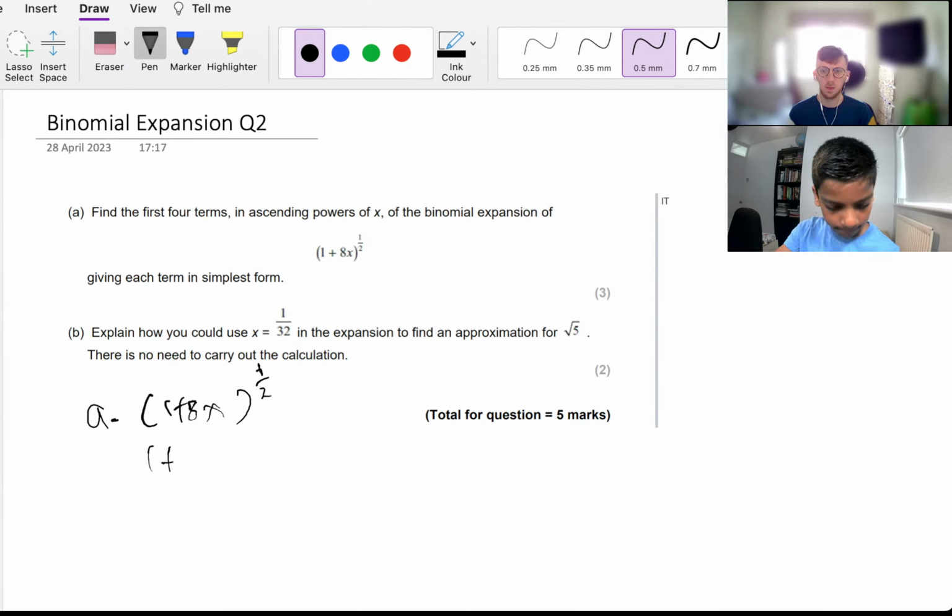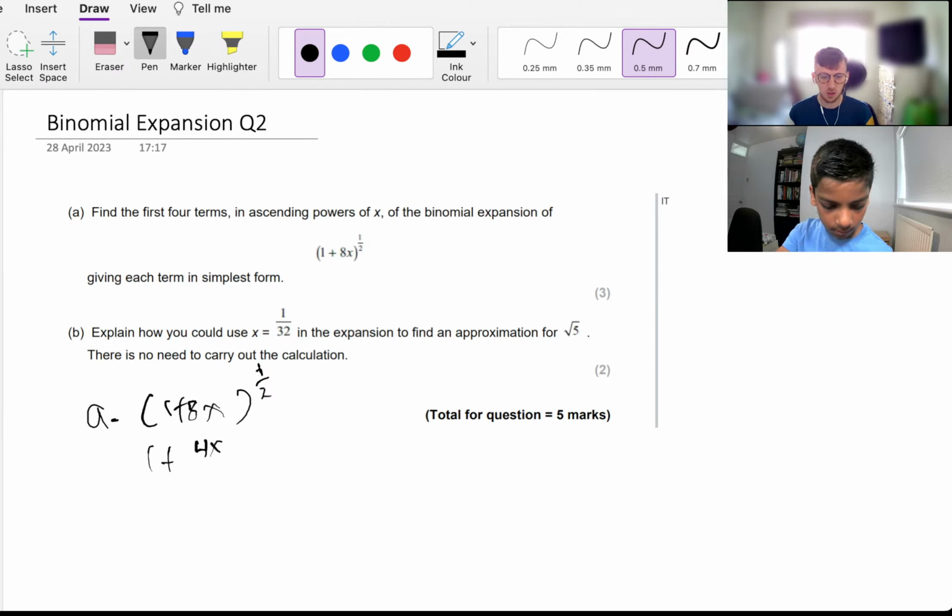We could actually think of the first term as having a power of 0 factorial, because (8x) to the power 0 is just 1, and 0 factorial is 1, which is confusing, but 0 factorial is 1. And the term after that?